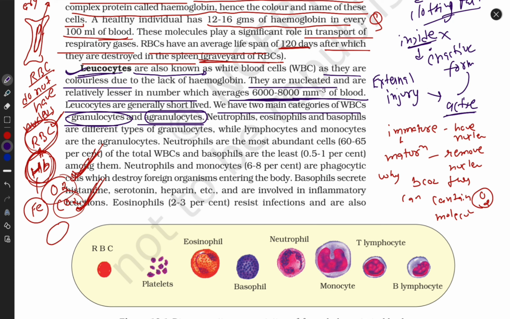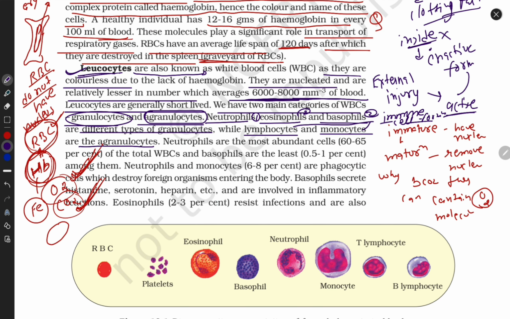Neutrophils first, eosinophils second, and basophils third. They are granulocytes because they contain granules. And lymphocytes and monocytes highly contribute to our immune cell formation. They are our defense system.